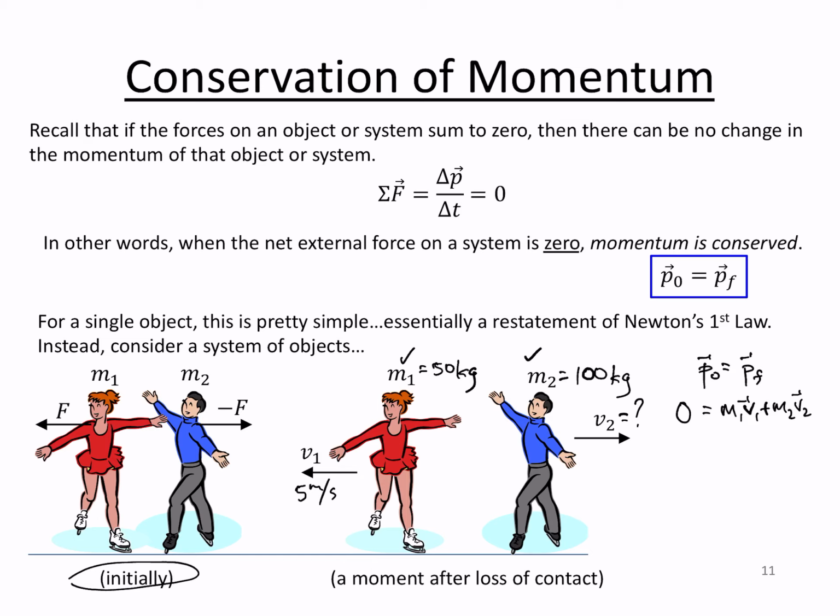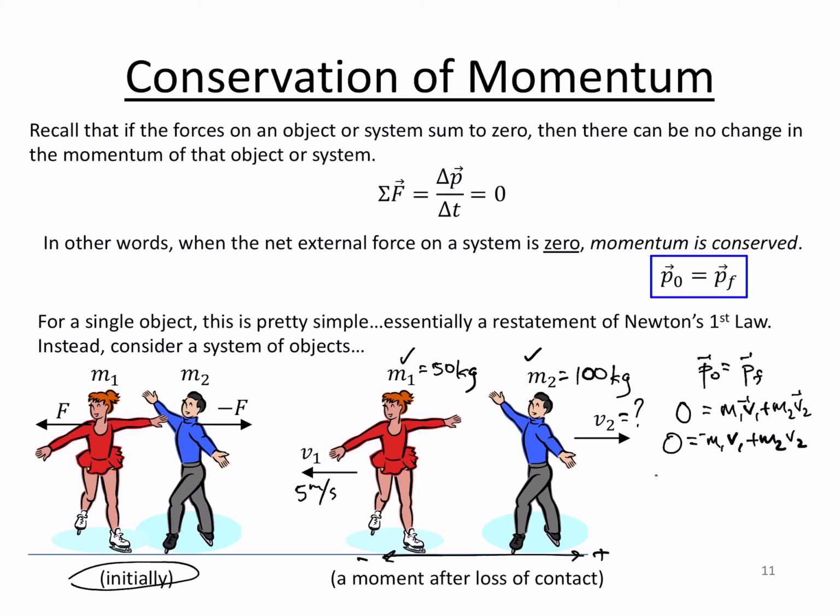If we set up a coordinate system wherein to the right is positive and thus to the left is negative, well then we will have 0 equals m1 v1, and stick a minus sign out in front of that because she's moving to the left, plus m2 v2. We know that he's going to be moving to the right. There's no other way for these two things to cancel out to 0 unless he is.